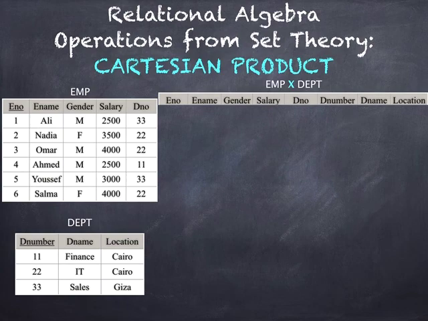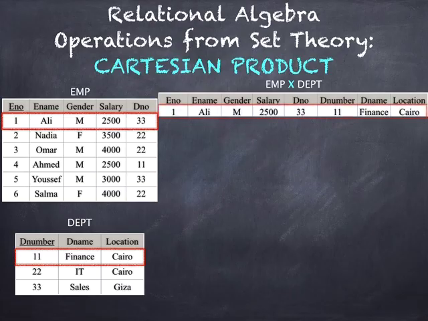What about the records? It takes the first record in table employee and places it in front of the first record in table department, resulting in this: 1, Ali, male, 2500, the D and O 33, D number 11, finance, the department name, and location is Cairo.